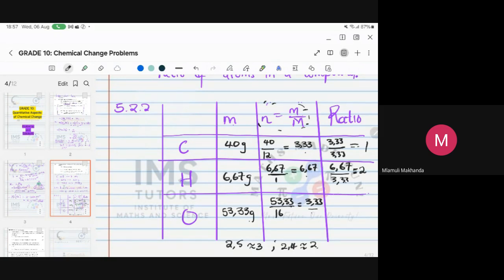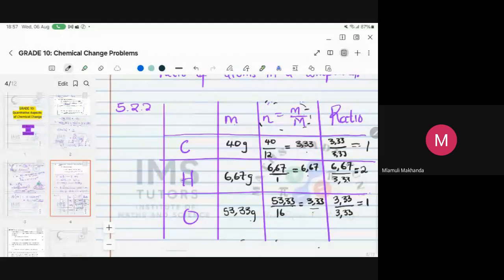So now, for this one, we'll have 3.33 over 3.33, which is 1. This means our empirical formula is, next to C we have 1, so it's C. We would put a 1 here, but in chemistry we omit those.